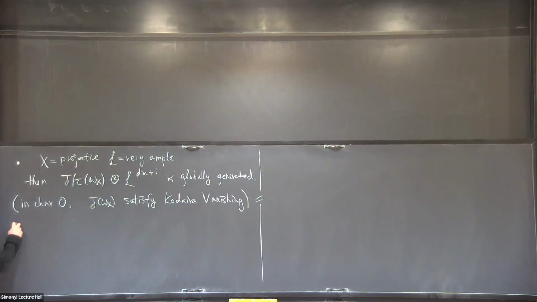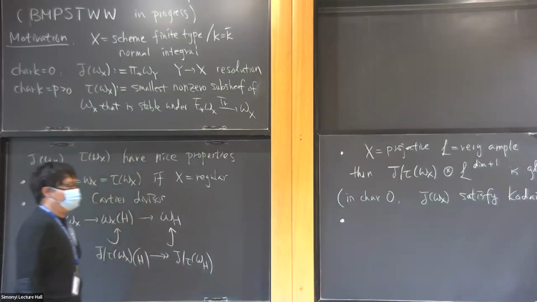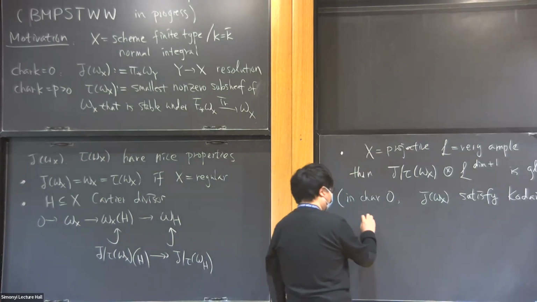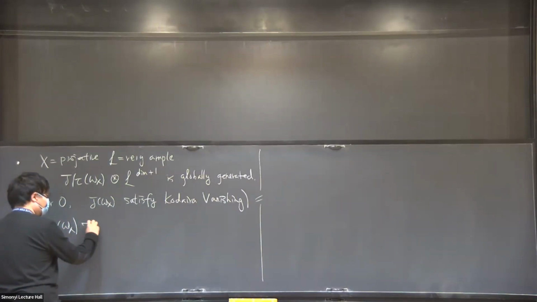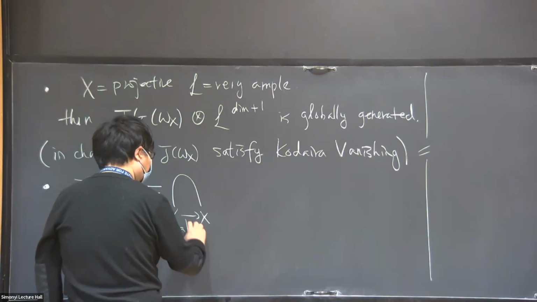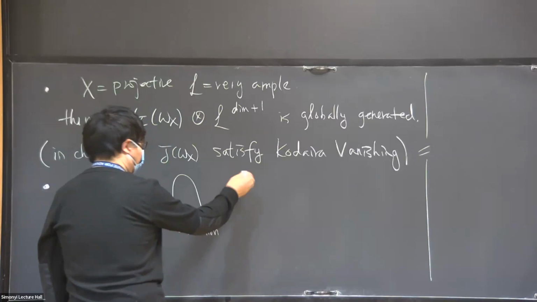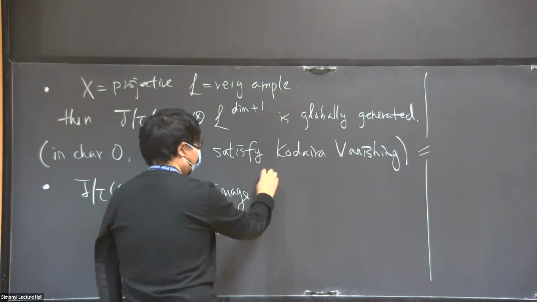Finally, let me also mention, as I already said, once you define such an invariant, you always want to study how they behave under finite or birational morphisms. And they do behave as expected. In fact, this multiplier or test submodule can be computed using alterations. So this is the same as you intersect over all alterations, and you look at the image of the trace.